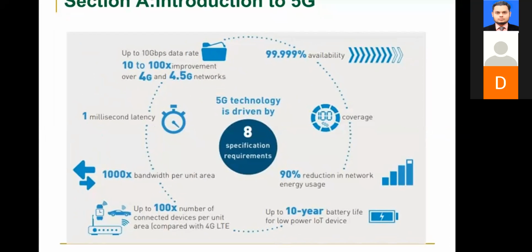Likewise, they also have a battery which can support battery life of up to 10 years for low power IoT devices. Remember, we have discussed different IoT sensors, which are on the floor of the ocean, on the floor of the land for smart agriculture.